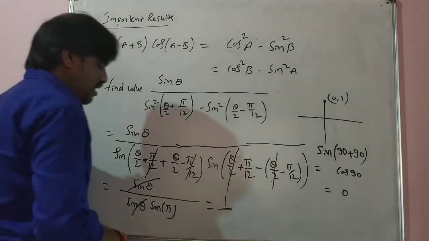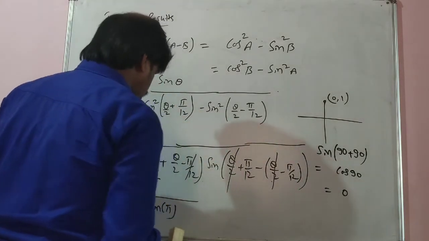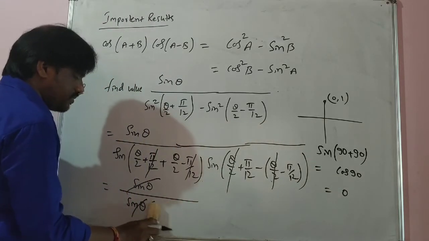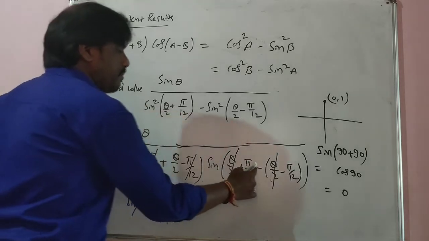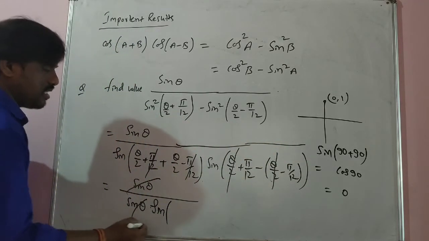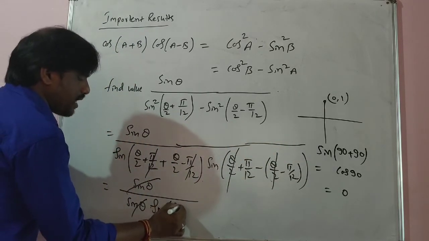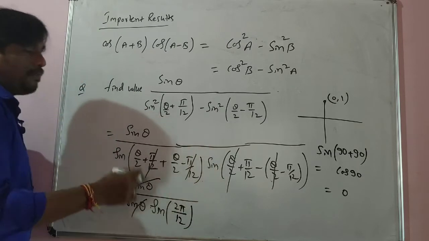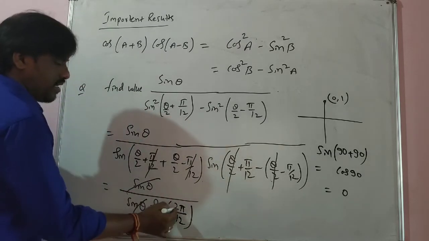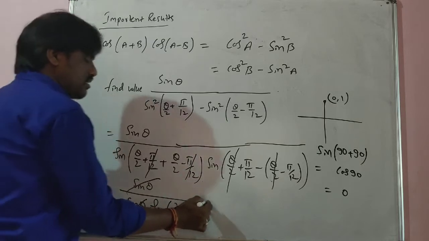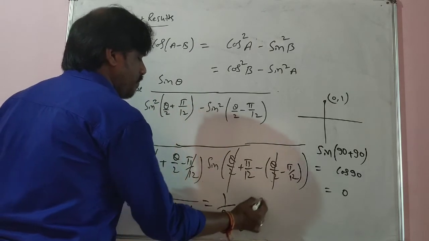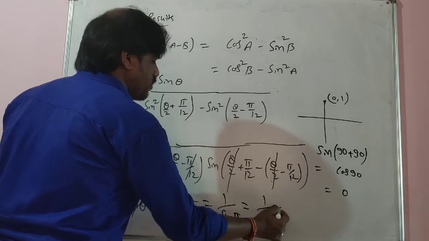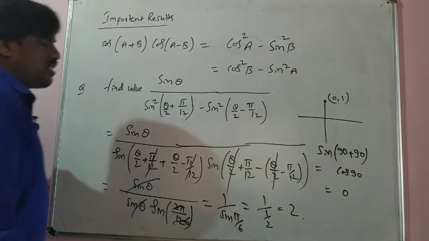So that value I am going to get is sine of pi by 12 plus pi by 12, that is 2 pi by 12, that is cancel out, pi by 6. So what I get here, 1 upon sine pi by 6. 1 upon sine pi by 6 is 1 by 2. Reciprocal of that is 2. So the answer is 2.